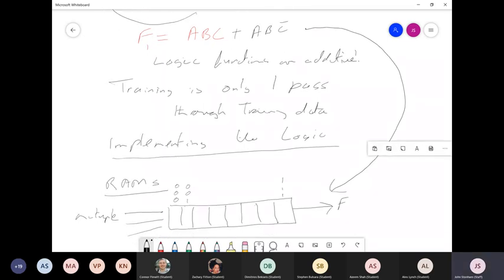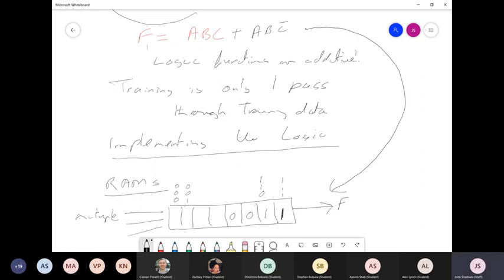I need to initially assume the memory is all reset, all the locations are 0. I need location ABC 111 to be set to 1. I need A, B, and not C, which is 110, which is location 6, to be set to 1.